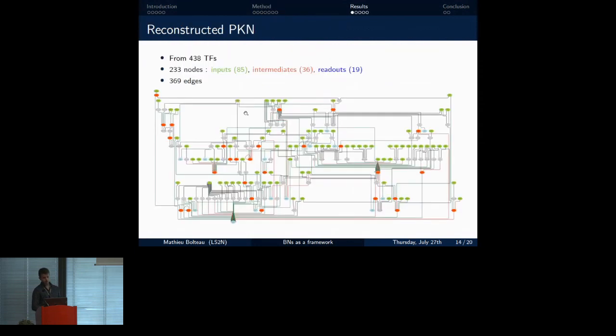Regarding the results, first I show you here the reconstructed PKN from the input gene list containing 438 transcription factors. We can observe this PKN has 233 nodes and 369 edges.